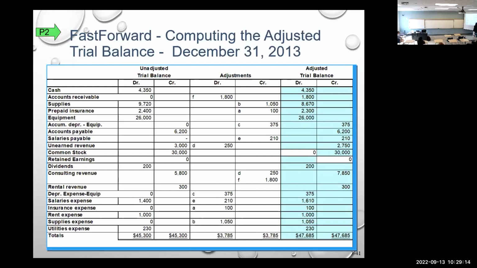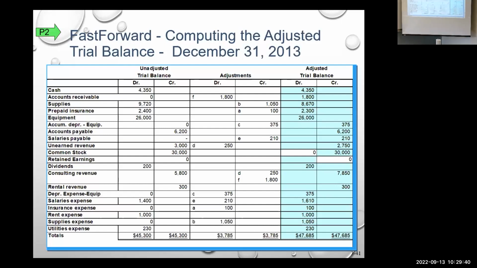Debit, credit, subtract those, put it here. Debit, nothing here, put that there. Nothing, oh, here's 375, so I put a credit 375. 6,200 here, there's no adjustment, 6,200 here. Nothing here, adjustments 210, put 210 here. That makes sense? You could probably go watch Grey's Anatomy and do this, right? And not miss a beat.